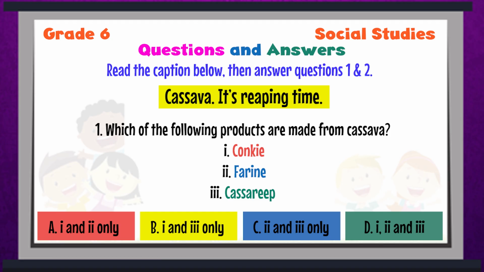At answer A, there is a combination of 1 and 2. At answer B, combination of 1 and 3. Answer C, a combination of 2 and 3. And answer D, a combination of 1, 2, and 3. Write the letter that you think has the correct answer for question 1.